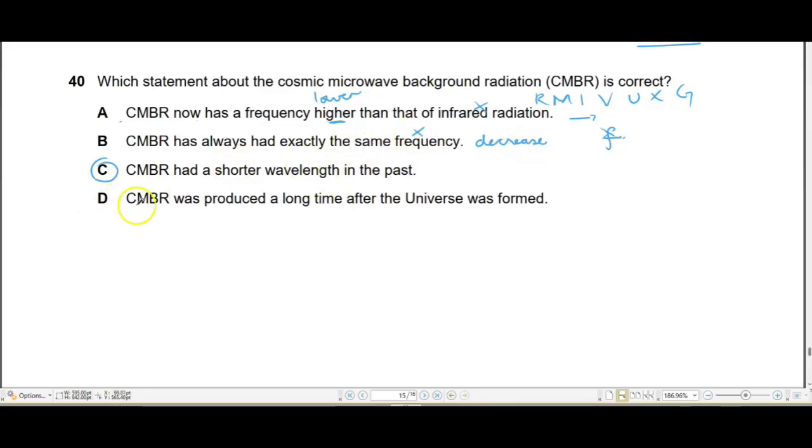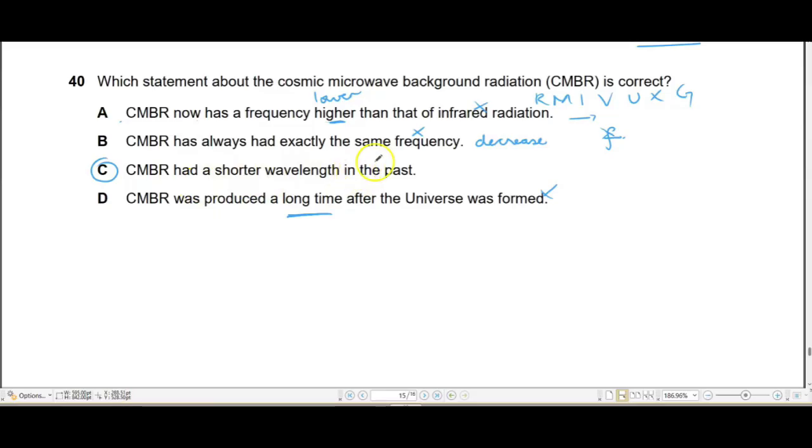Theek hai. Achha, D says that CMBR was produced a long time after the universe was formed. To CMBR was produced relatively early in the history of the universe, approximately 380,000 years after the Big Bang. So it was not produced after a long time, it was produced relatively early. So this is not correct. And why have we taken the C answer to be correct, which states that CMBR had a shorter wavelength in the past?